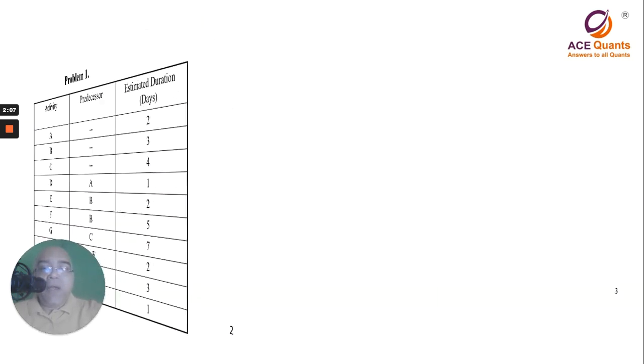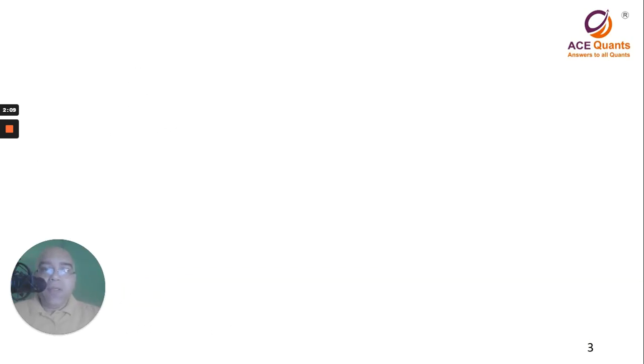Before I start constructing the network diagram, let us understand what we mean by activity on arrow. Whenever I say activity on arrow, every activity is shown like an arrow and the name of the activity is written on the top.